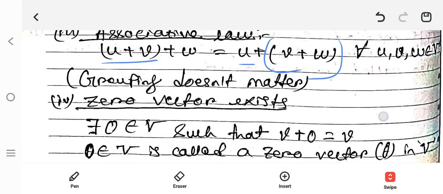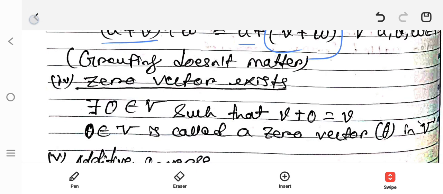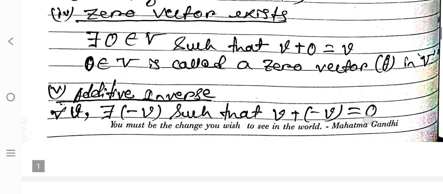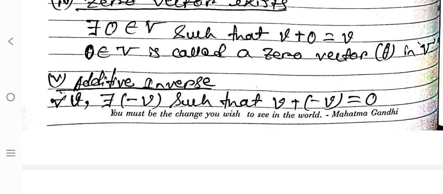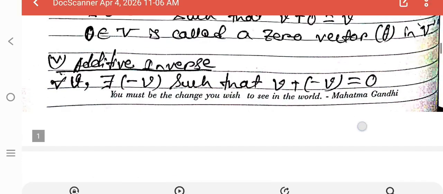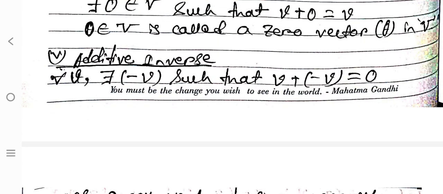Next, the zero vector exists. There exists a zero which belongs to set V such that vector v plus 0 is equal to vector v. As 0 is in the space V, it is called the zero vector, and the zero vector is denoted by theta.